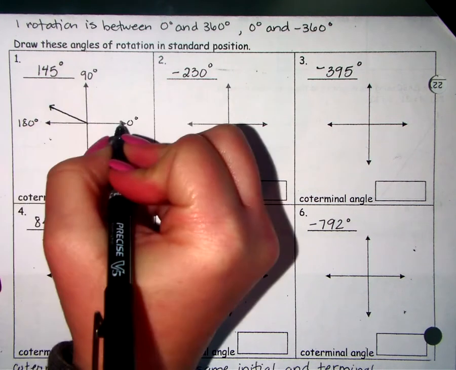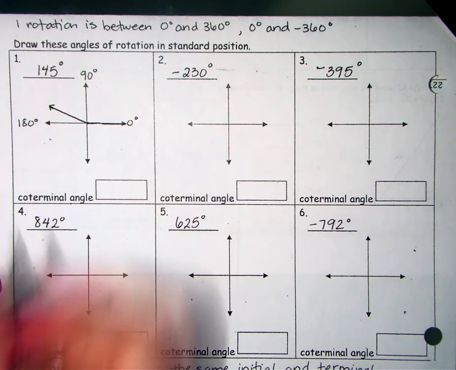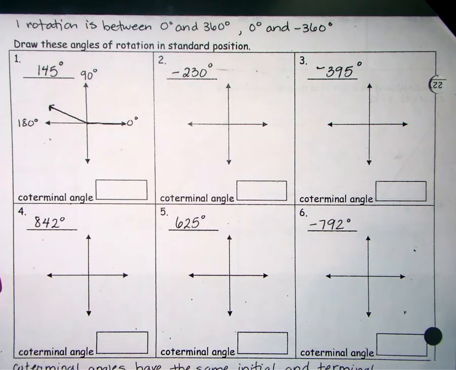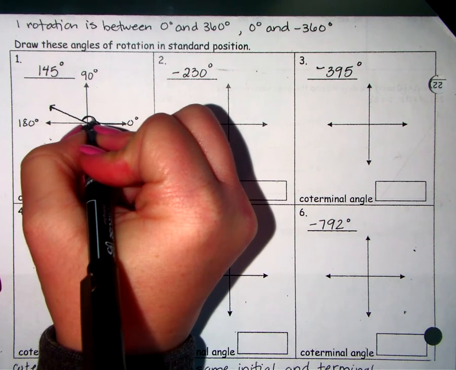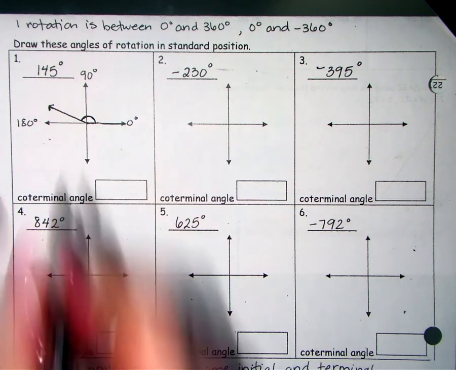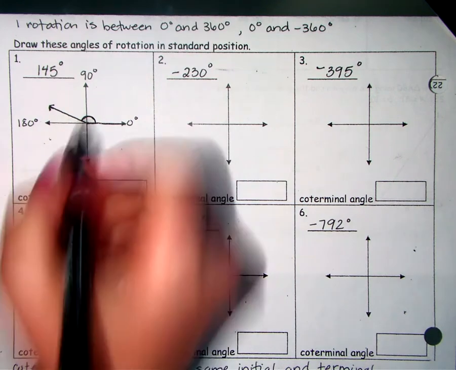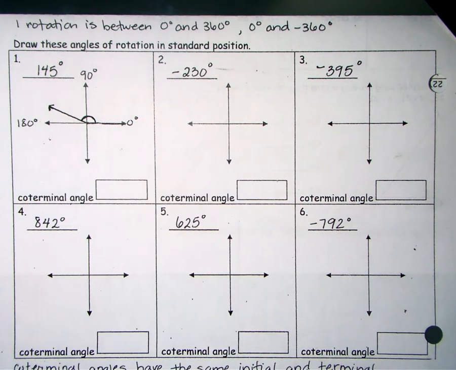The initial side of my angle always starts at 0 degrees. This would be my terminal side, but to draw an angle in standard position, we also need to use this little mark here to show which angle we're referring to, because it's not enough to just show the initial and terminal side when I could also move around this direction. That gives me information also about a coterminal angle.